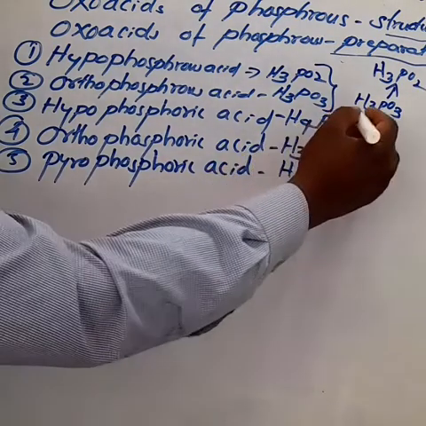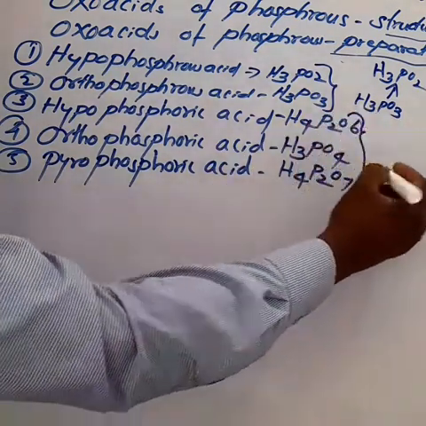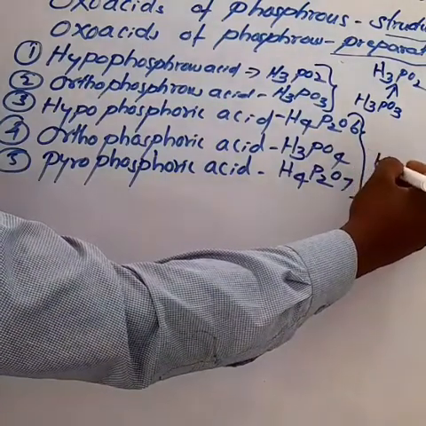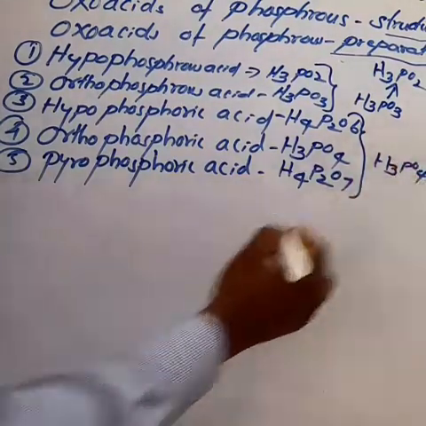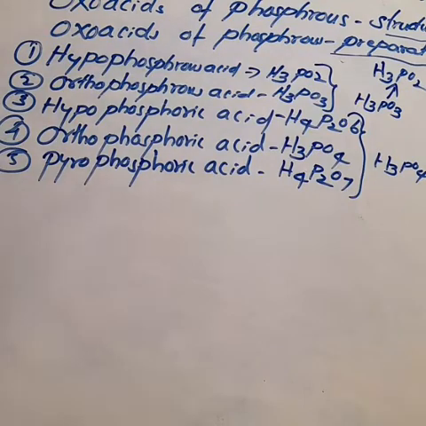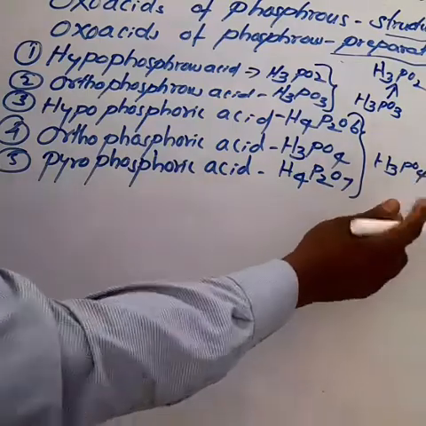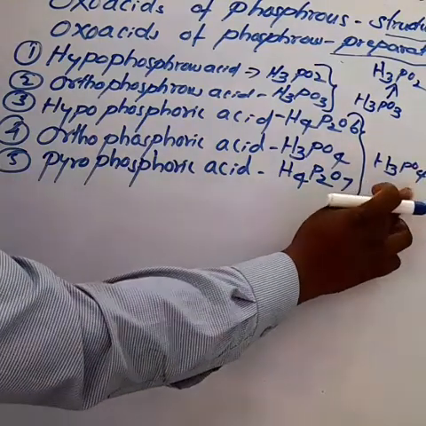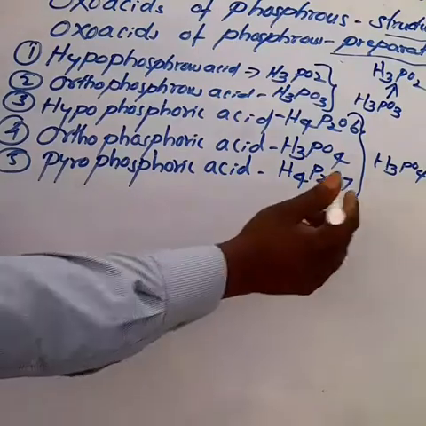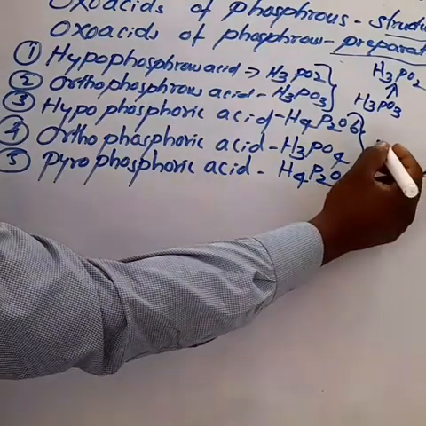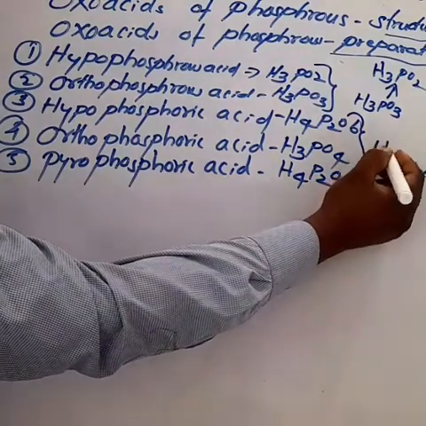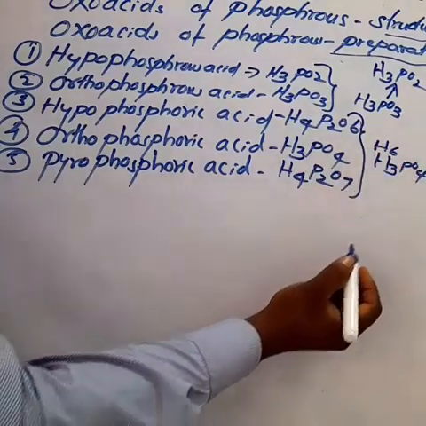Next, let us learn about the remaining 3 formulas. First one, we have to take orthophosphoric acid, otherwise phosphoric acid. What is the formula? H3PO4. Here, first I am going to multiply this formula by 2. So, 3 into 2 is equal to 6, that is H6.